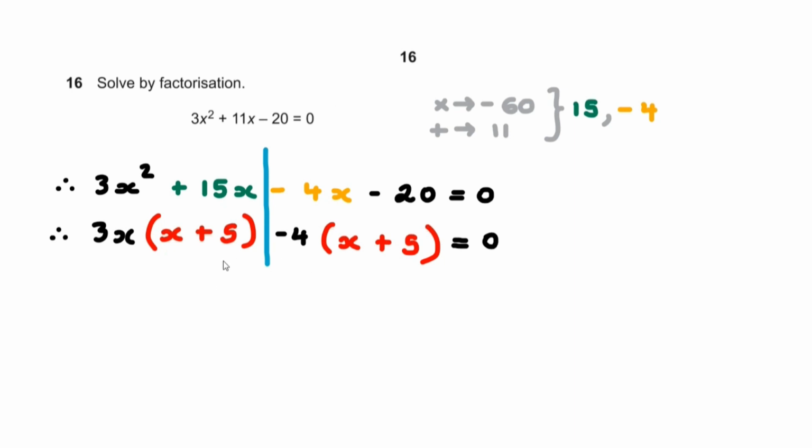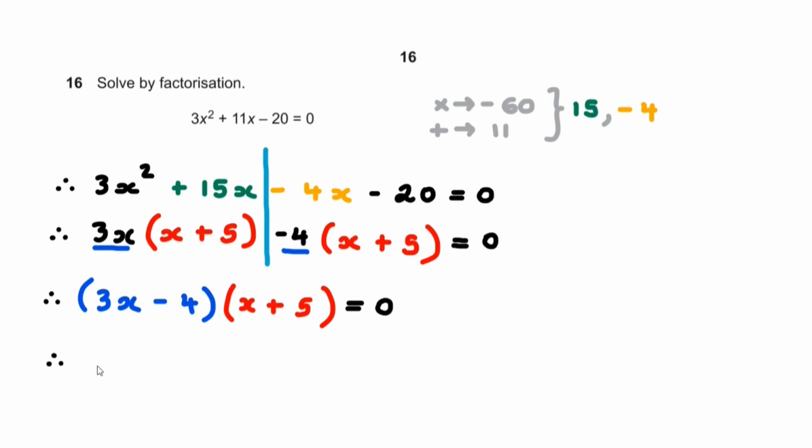So if I factorize by grouping this 3x and this negative 4, what we have is 3x subtract 4 multiplied by x plus 5 equals 0.